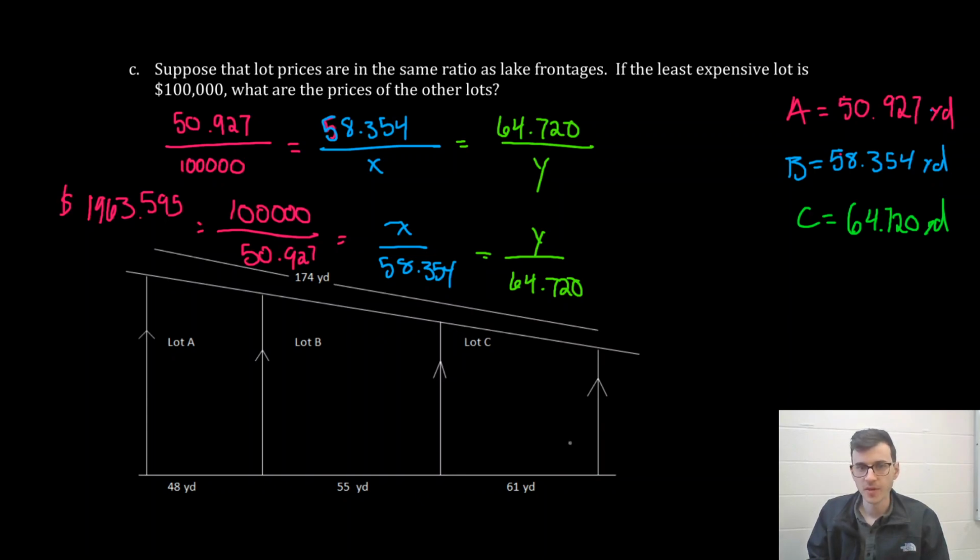Okay, so then I multiply that by 58.354. So lot B should be $114,583.62, because right, it's dollars and cents, baby.